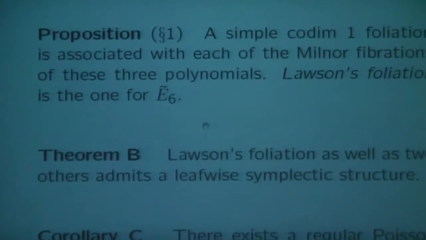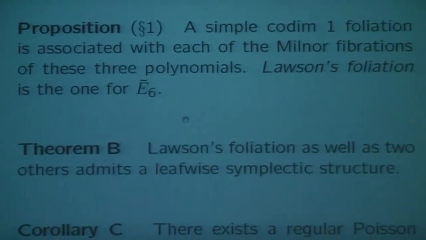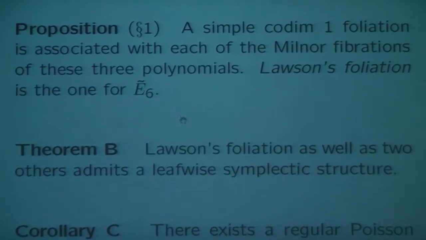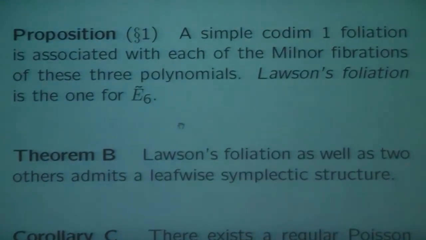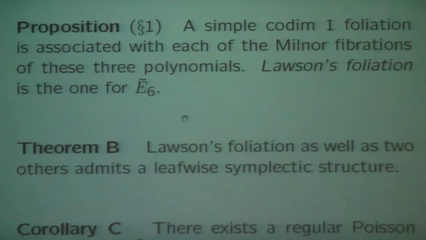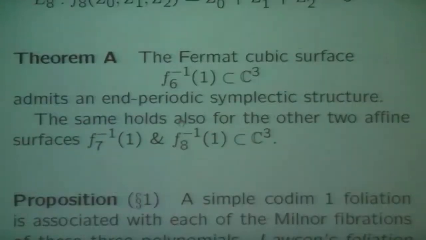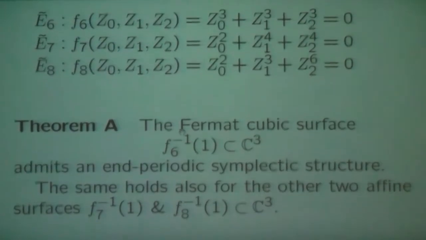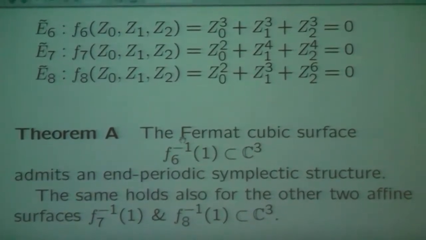Then, from Theorem A, with a little bit of work, we can prove that, for example, in the E6 case, the associated foliation is what we call Lawson's foliation.